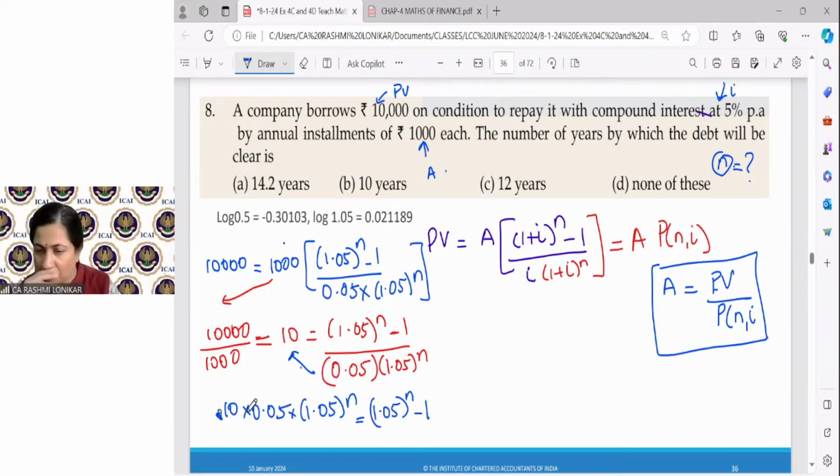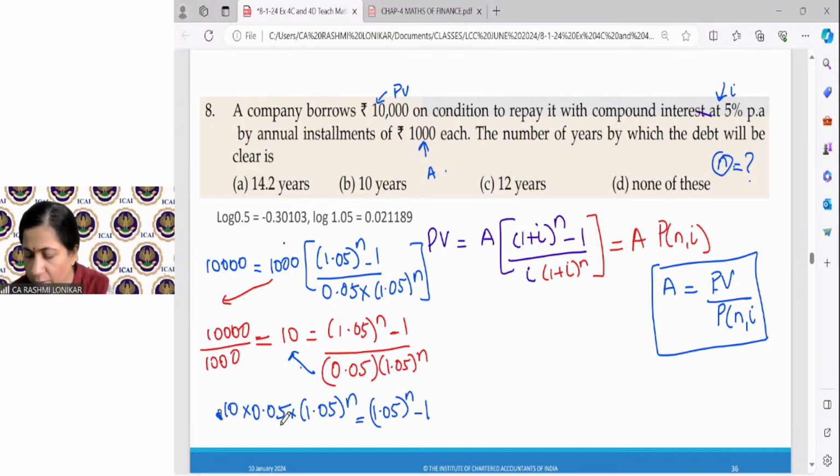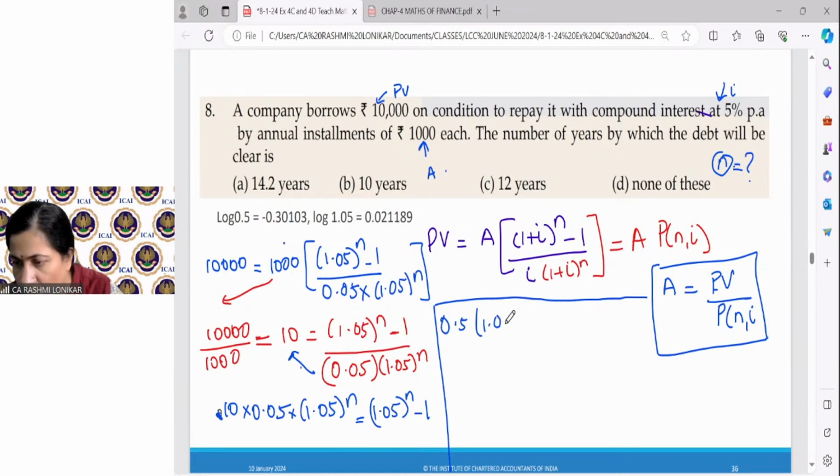Now how much is 10 into 0.05? 10 into 0.05 is 0.5. Okay. So 10 into this will be 0.5 into 1.05 raised to n is equal to 1.05 raised to n minus 1.